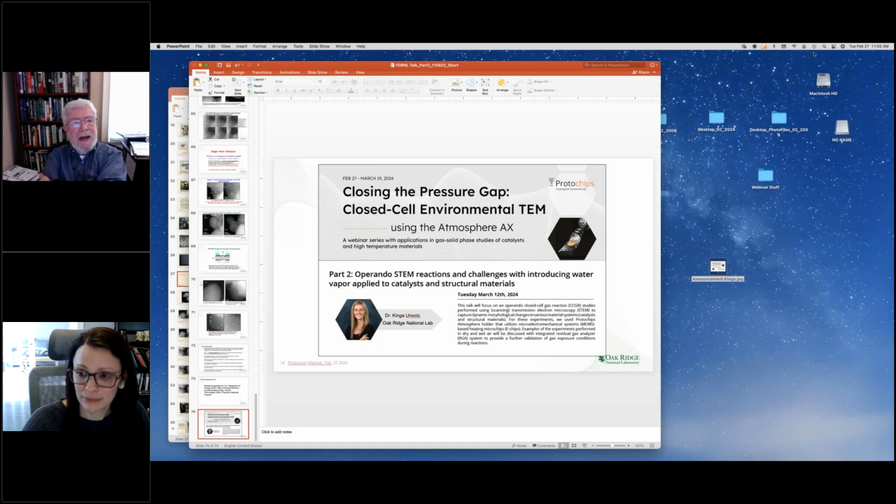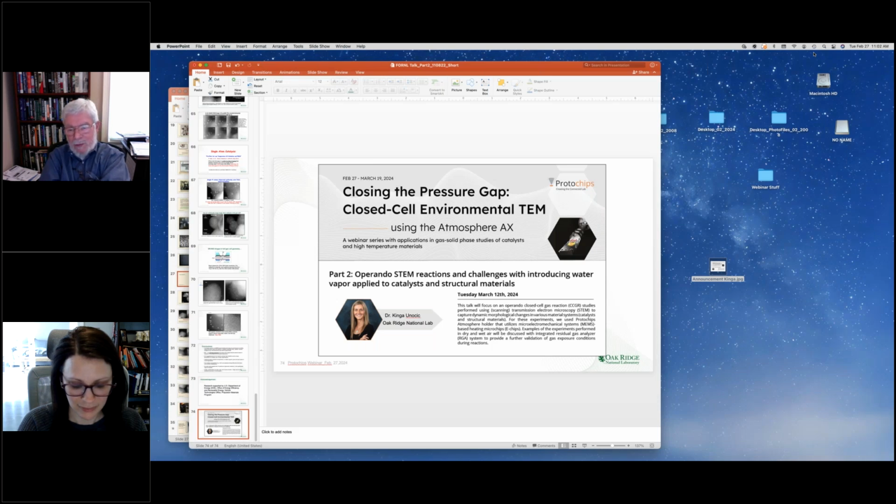I haven't done like bright field STEM, and doing STEM imaging is best for a lot of studies because you get such high resolution with high angle annular dark field imaging.